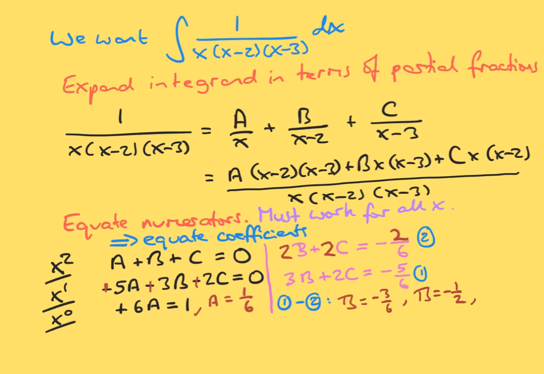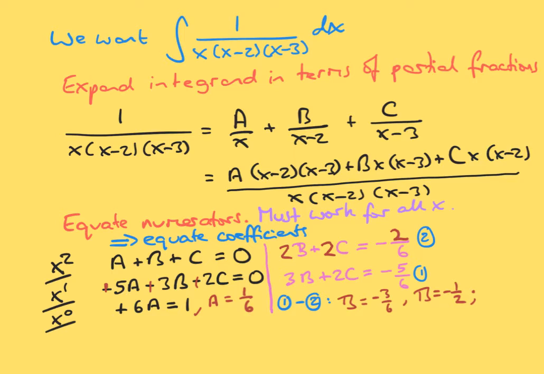And now we can substitute into, let's say, equation 2 again. So from equation 2, we had originally, just look at the pink, b plus c is minus 1/6.